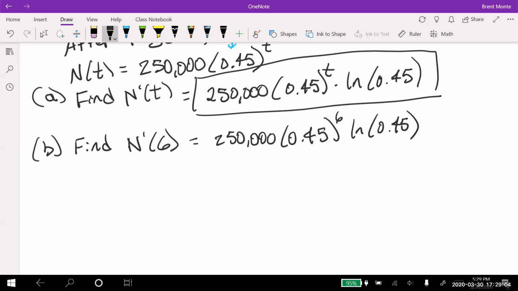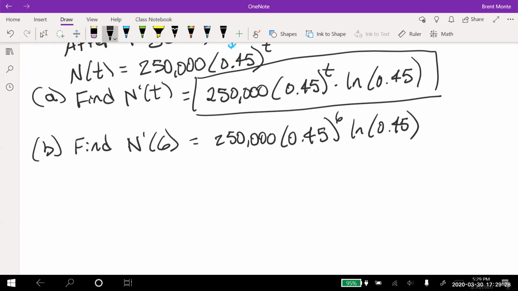Now I'm just going to plug that into my calculator. 250,000 times 0.45, oops, I put the 0 in the wrong place. 0.45 to the 6th power times the ln of 0.45.